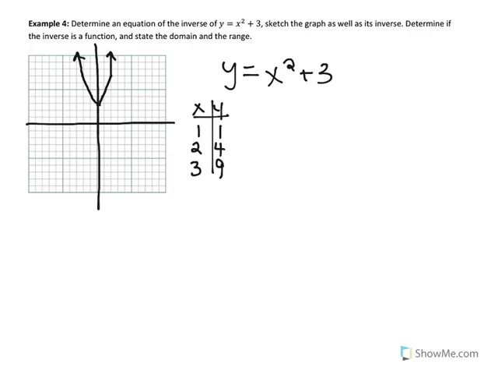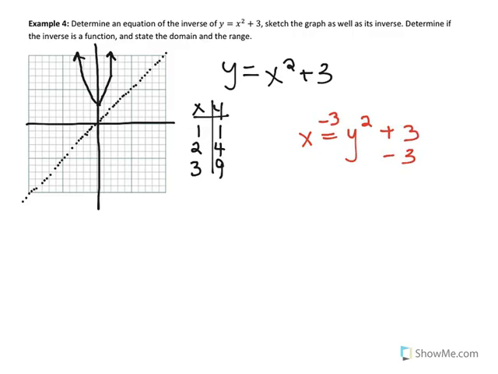I'm also going to draw in the dotted line here for where it's going to be symmetrical. Just to save some time, I guess. Okay. To find the new equation, what you will do is you will change places the x and the y values, and then you will solve for y to get it by itself.